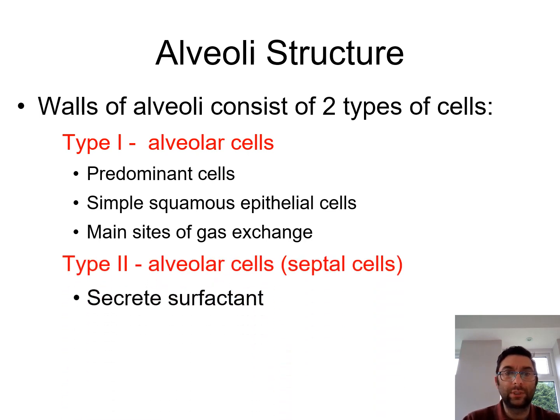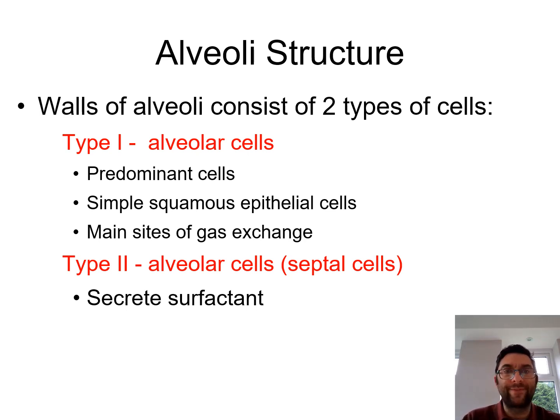Secondly, we've got type 2 alveolar cells. Sometimes these are referred to as septal cells, and these produce and secrete a complex oily secretion of phospholipids, or surfactant, which is made up of about 85% phospholipids, about 5% neutral lipids, and then the remaining 10% is made up of lipoproteins.